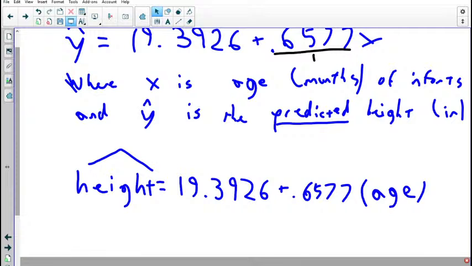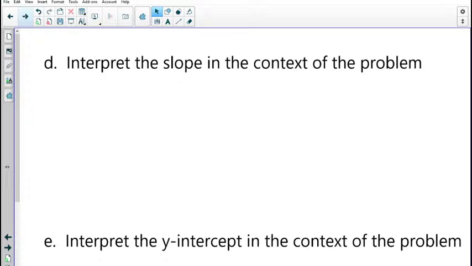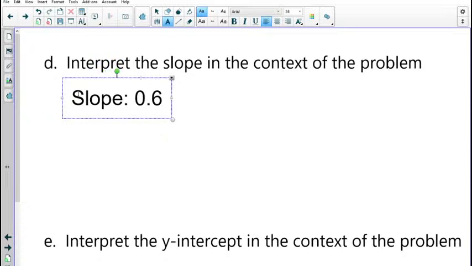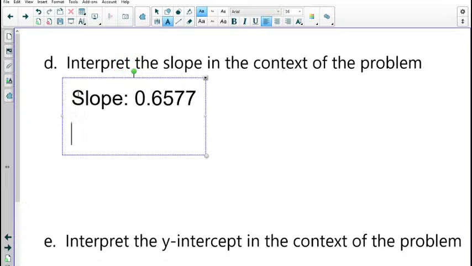Now, we are going to interpret the slope in the context of the problem. So let's see, the slope was 0.6577. Okay. So for every increase of 1 unit in x, here's how much y is predicted to change.